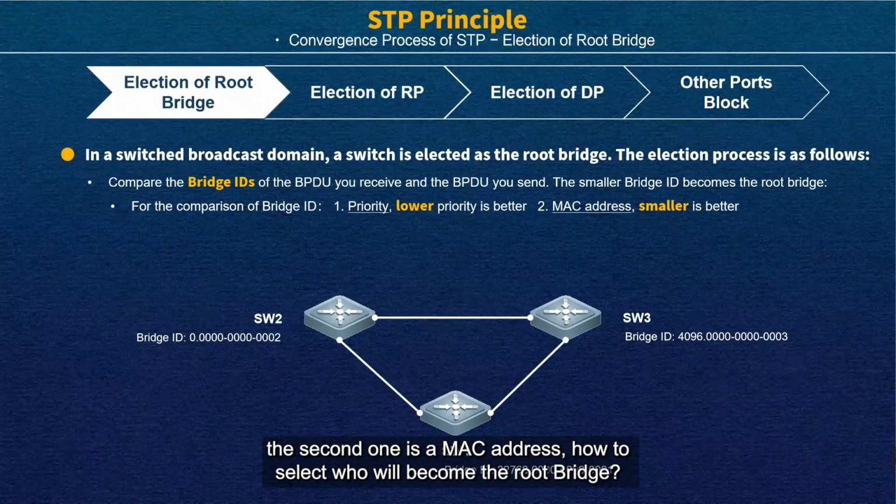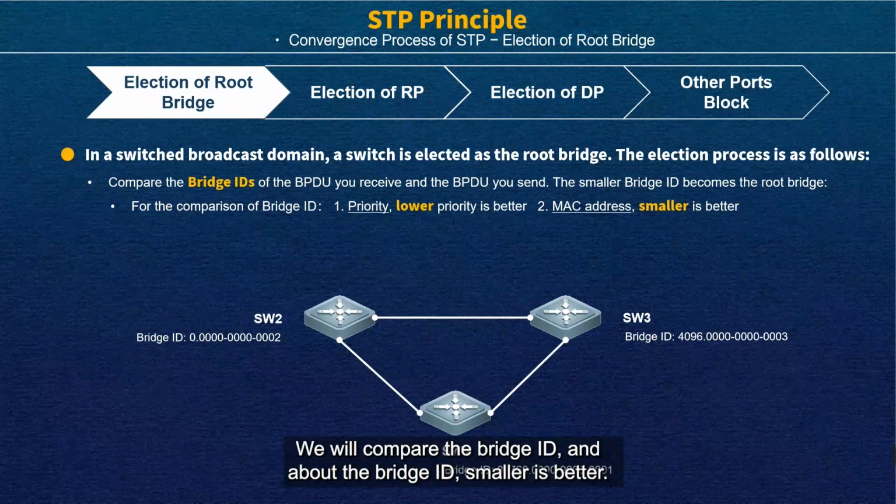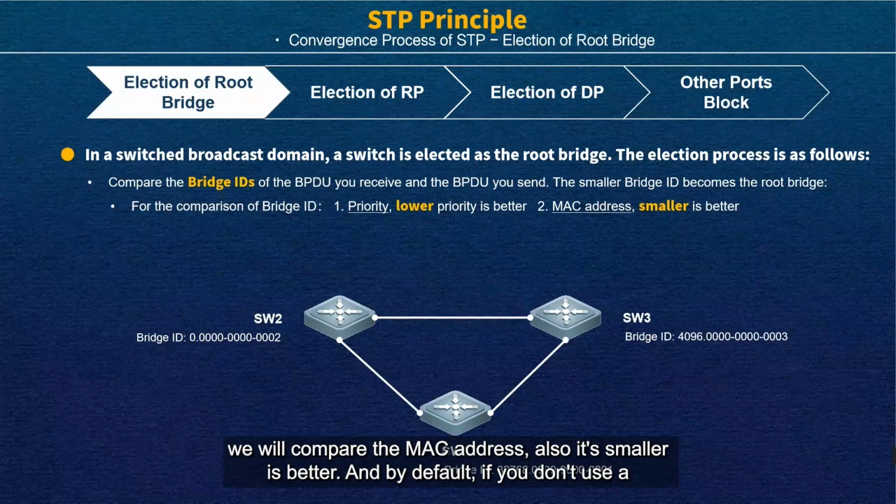How do we select who will become the root bridge? We compare the bridge ID, and for the bridge ID, smaller is better. The process is to first compare the priority. Lower is better. If the priority is the same, we compare the MAC address, and again smaller is better.